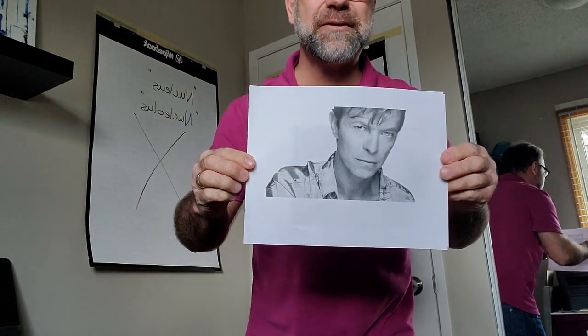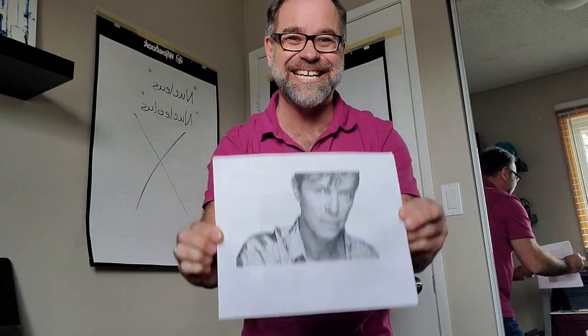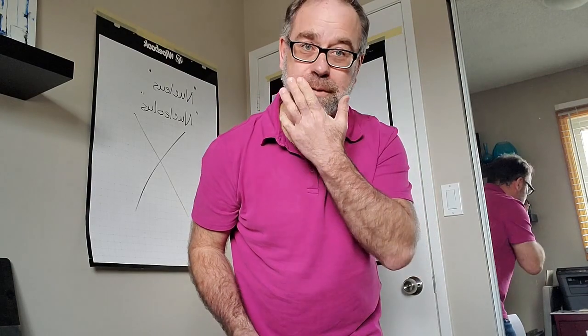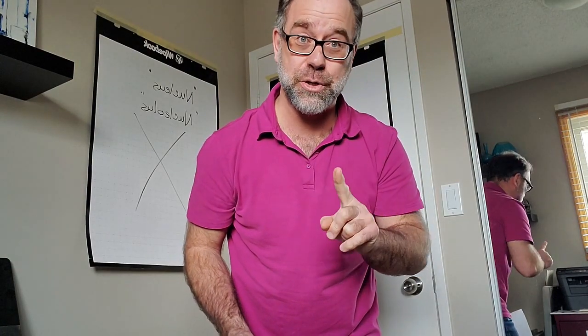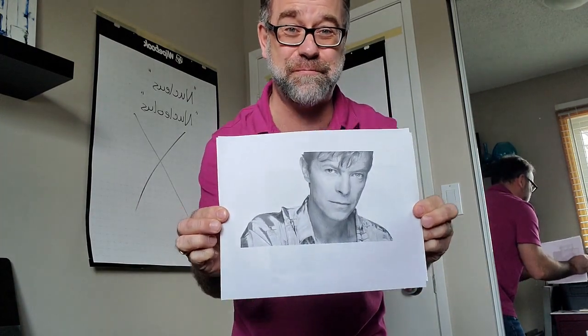But the funniest answer that I actually got, somebody said it was David Bowie. David Bowie is this guy. This guy. And one of your classmates, I'm not going to say who, okay? But somebody out there actually said that in the video it was David Bowie.